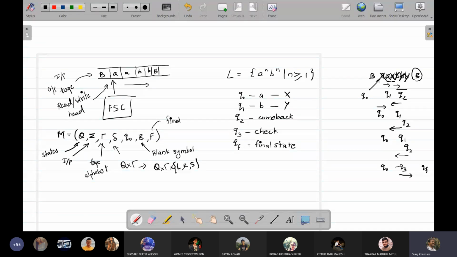So you'll have Q versus tau. So state versus the tape symbol, that will give us state versus the tape symbol plus the movement to the left or right. So this will get clear when we draw the transition function.